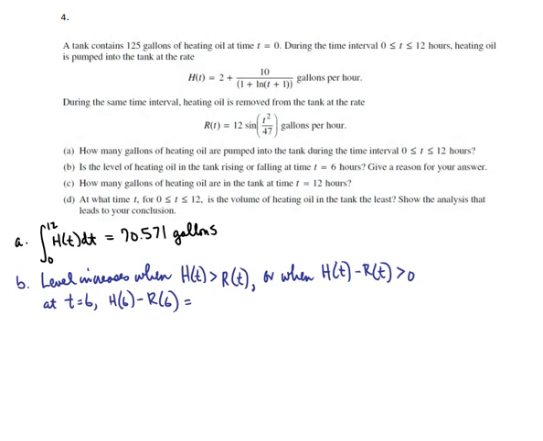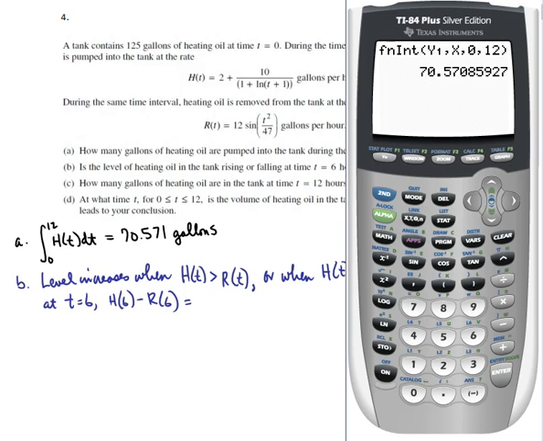So if we're looking at time t equals 6, what we need to do is evaluate h of 6, and subtract from that r of 6. Again, we'll bring in the calculator to do this. Now h of 6 is y1, so we can simply do variables, y variables, function y1 of 6 minus vars, y vars, function y2 of 6.